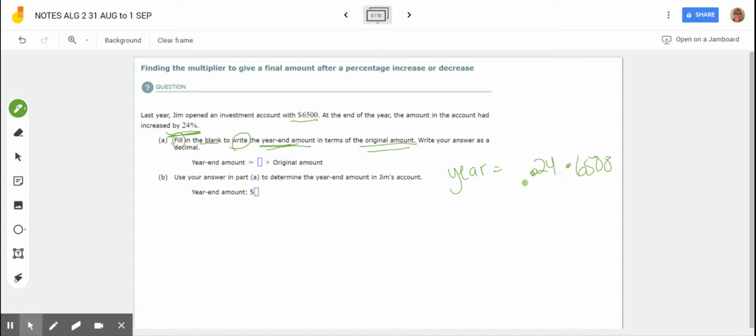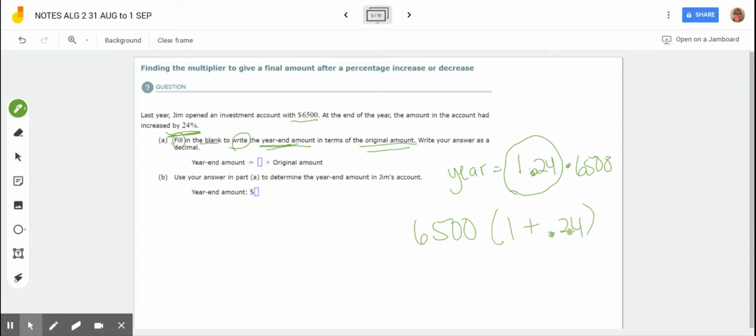So how do you multiply it by a decimal to get both the part that he earned and the original amount? There's a nice little trick. You just put a 1 here. If you were to do this as a distribution problem, think about it this way: you're doing 6,500 times 1 plus 0.24, right?